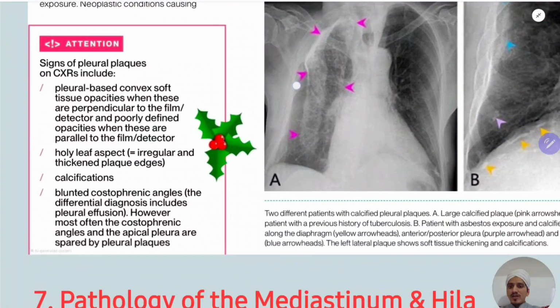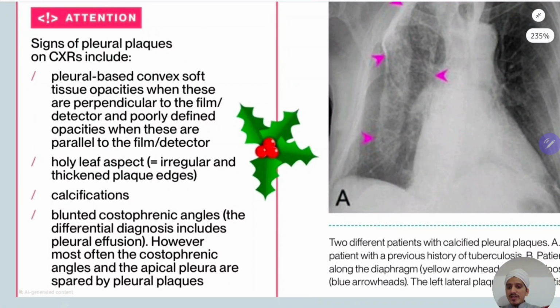So signs of pleural plaques on chest x-rays include pleural based convex soft tissue opacities when these are perpendicular to the film or detector, and poorly defined opacities when these are parallel to the film or detector. So holly leaf aspect, this is a sign which you see in pleural plaques. Holly leaf aspect, what is that?